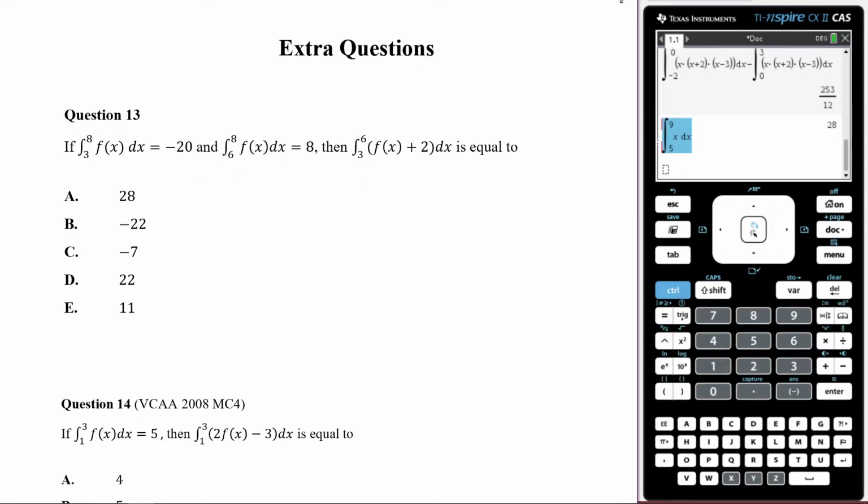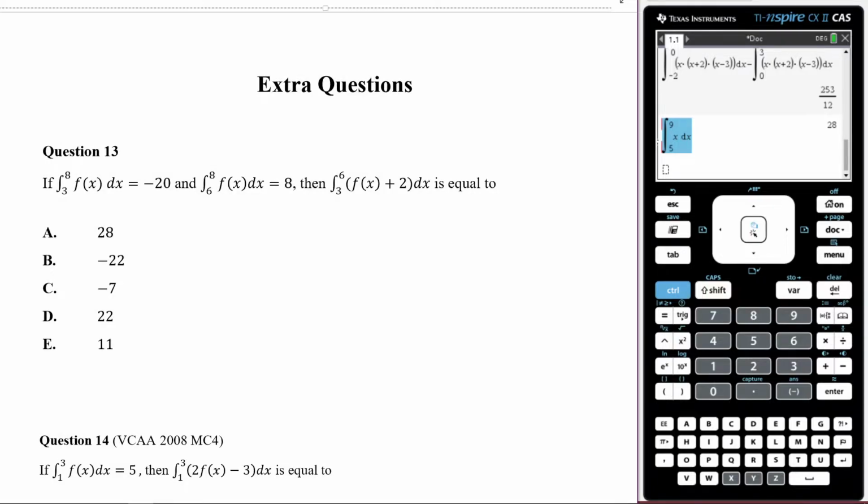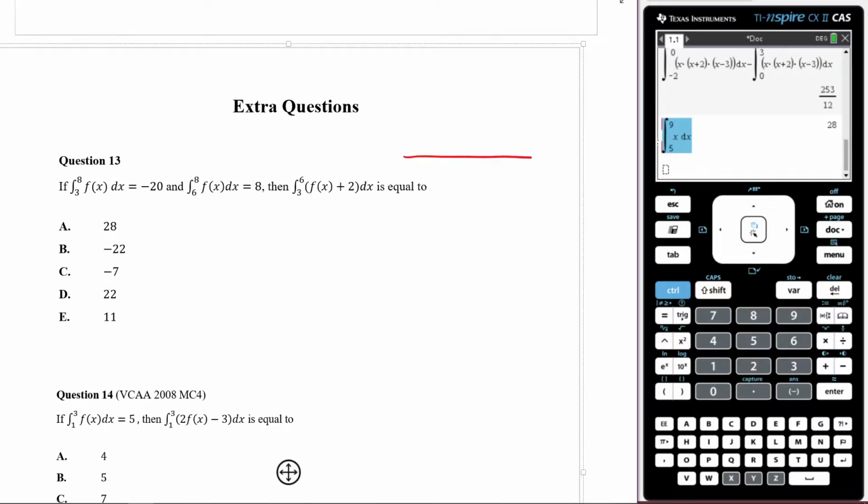So I'm going to draw myself a little number line. I'll just zoom out a bit. I'm going to say from 3 to 8, that is going to be negative 20. And then what we're also told here is that 6 to 8. So this right here, that's 8.